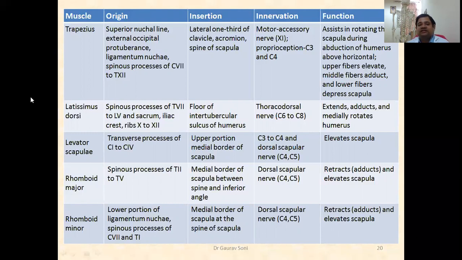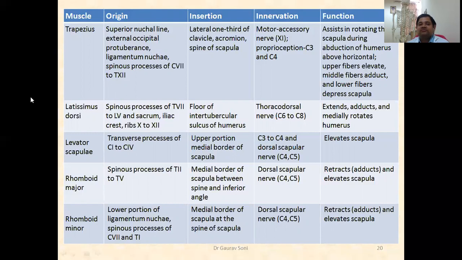So in this chart, you can see the last three muscles are supplied by the same nerve, the dorsal scapular nerve, and they basically come from the part which is just adjacent to the scapula. As for action, all of the last three elevate the scapula, and the last two, the rhomboids, also adduct it.